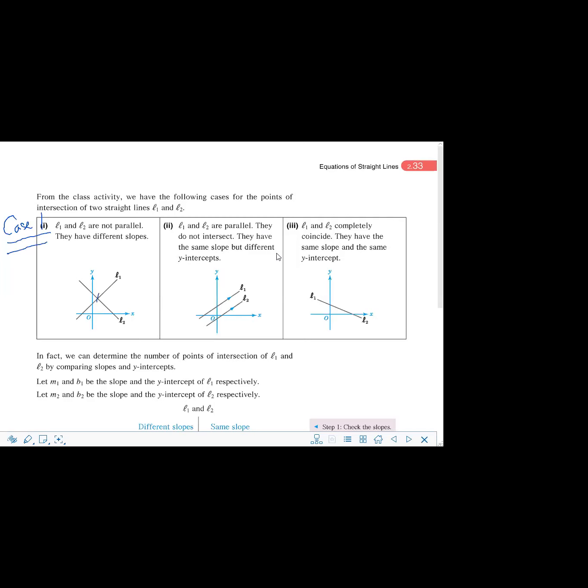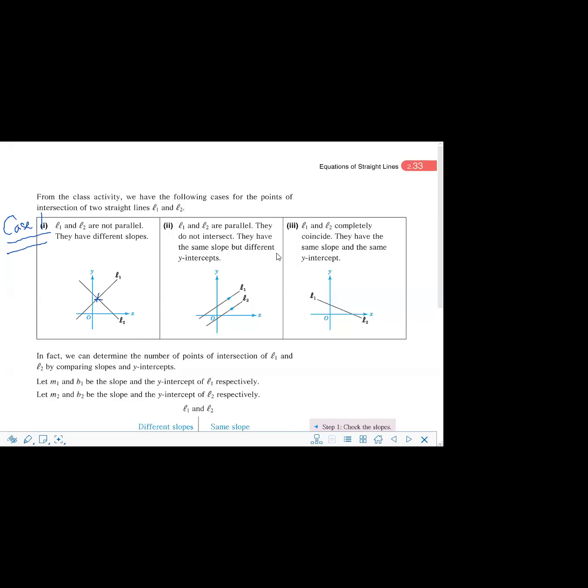The point is called the intersection point, or the point of intersection, of L1 and L2. Whenever two lines are not parallel to each other, they must intersect at one point. After intersecting at that point, they will go away from each other and will not meet each other anymore, just one time.